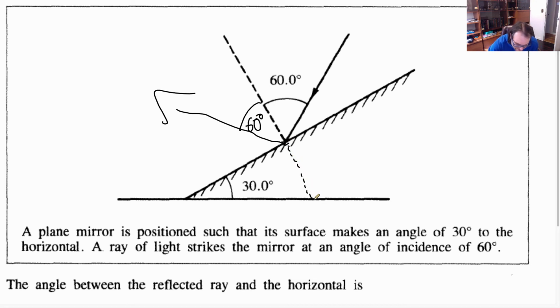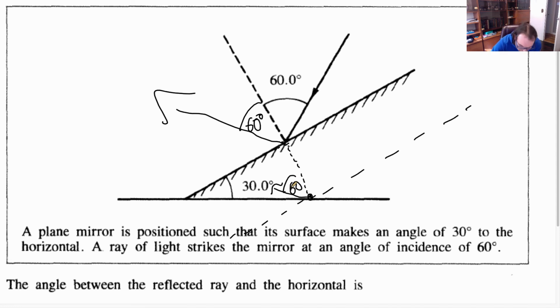So what is the angle based off of this here from here to the 30 degrees? Well, if it hits and we move this down over here and we have this line here, here's my mirror, it's going to hit right here and bounce off at 60 degrees, right? But now I look at this 60 degrees.